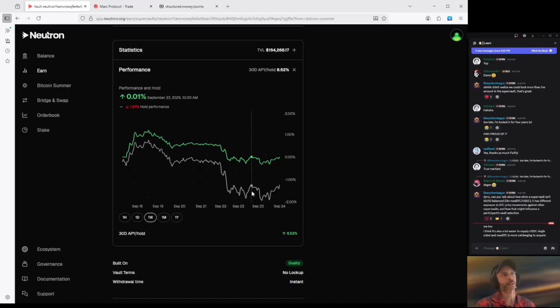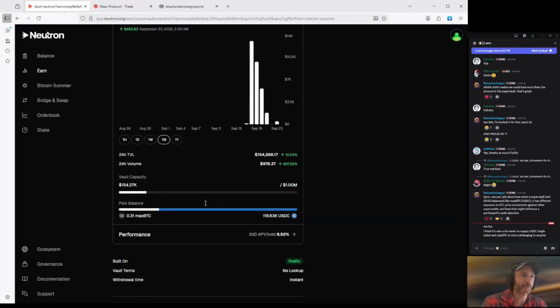If Bitcoin goes up a little bit, $10, let's say, then your LP would go up $5 because BTC is worth half of your vault. So you get half exposure to Bitcoin and your USDC stays the same. However, given the balance of this vault, if Bitcoin goes up, you actually don't realize the full $5, because the pool is not 50-50 Bitcoin.